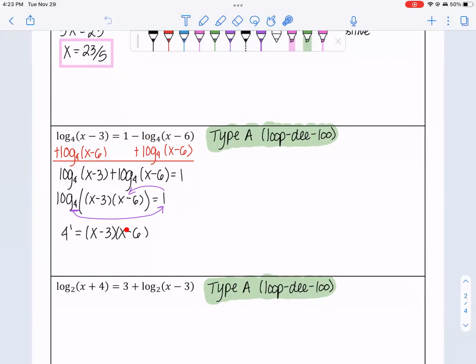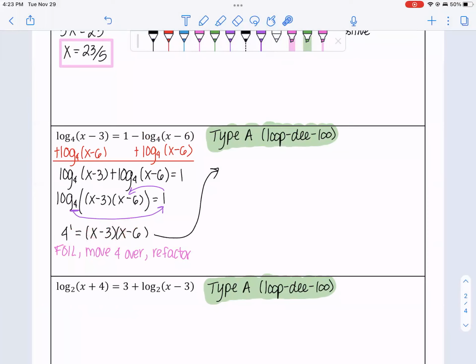We're going to have to FOIL, move the 4 over, and then refactor. For my own sanity, I'm going to be putting this on the left side and this on the right side.